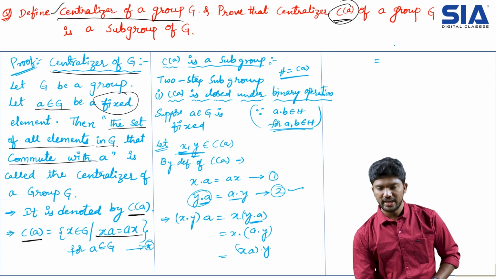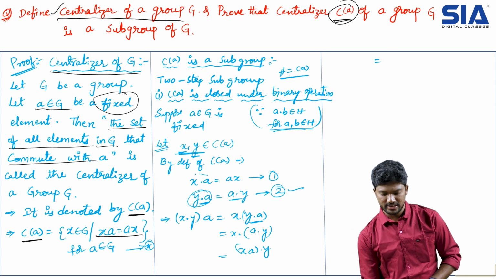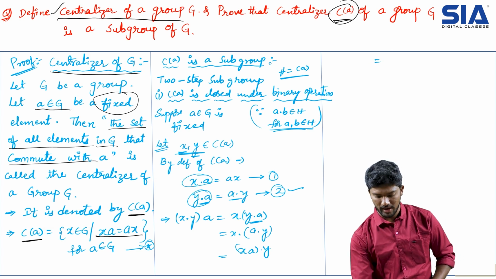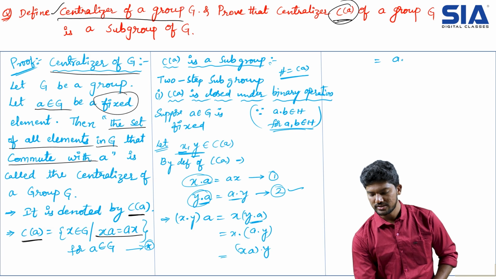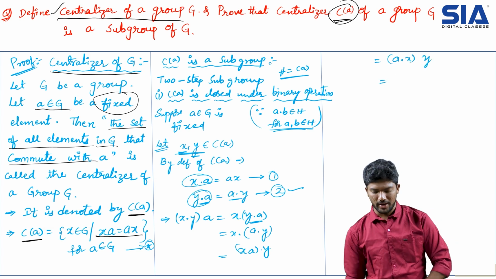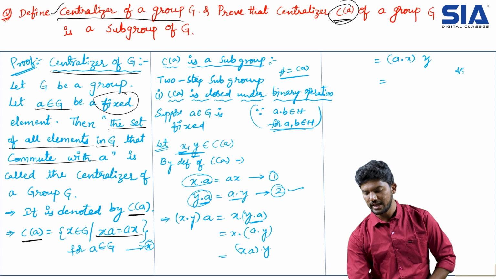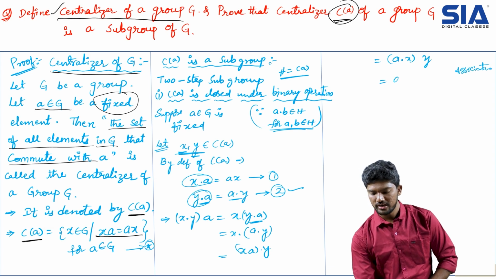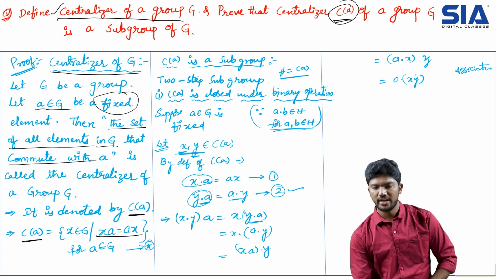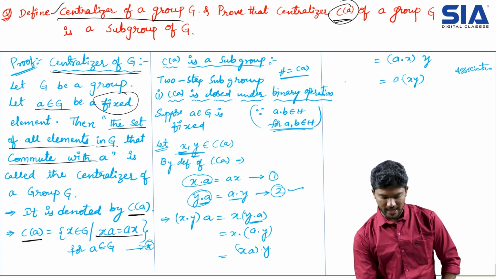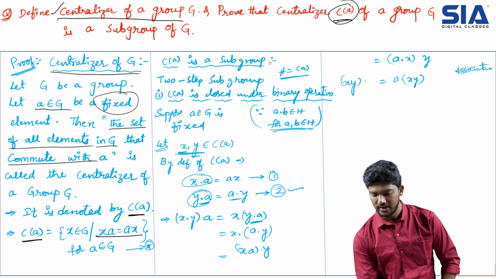Now by using equation number 1, LHS x into a, again we have a into x. So a into x, y. Now here again we are applying associative property, so that bracket will move to the second word, a into x into y. I am writing LHS x into y into a.